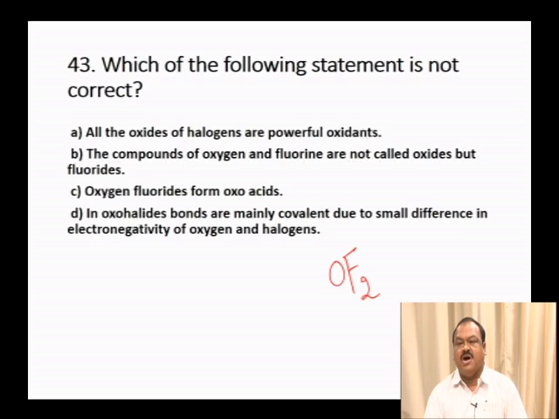Oxygen fluorides form oxo acids. Option D: in oxo halides, bonds are mainly covalent due to small difference in electronegativity of oxygen and halogen. Oxygen is comparatively more electronegative than halogens, correct. So the wrong answer among the following is that oxygen fluorides form oxo acids. It is not suitable. So the suitable answer is C.